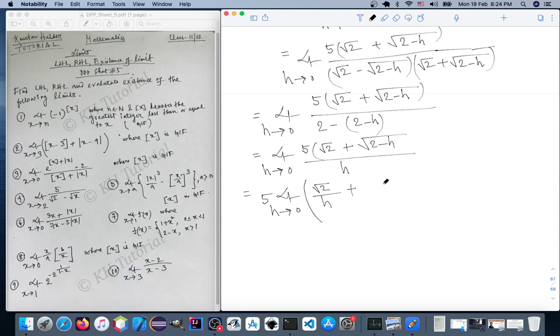If we take the h inside the root, it becomes 2 by h squared minus 1 by h. Now, when h tends to 0, this implies 2 by h squared tending to infinity.